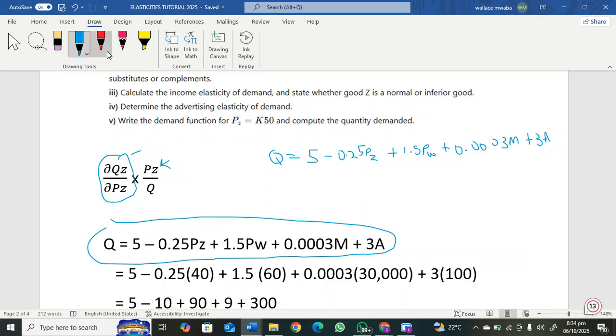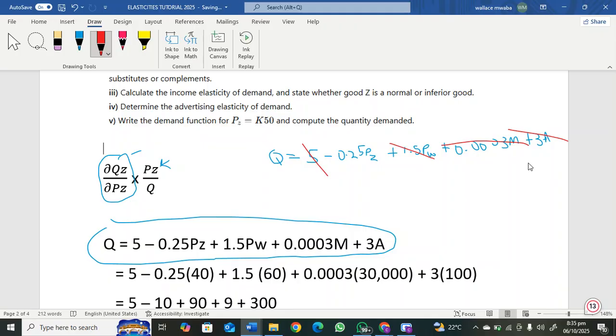Okay, so this is how we do the partial differentiation. We're deriving this demand function with respect to PZ, meaning if a term doesn't have a PZ, it disappears. 5 doesn't have a PZ, it goes. 1.5 PW doesn't have a PZ. 0.0003 M doesn't have a PZ. 3A doesn't have a PZ. So you're only focusing on the term that has a PZ.